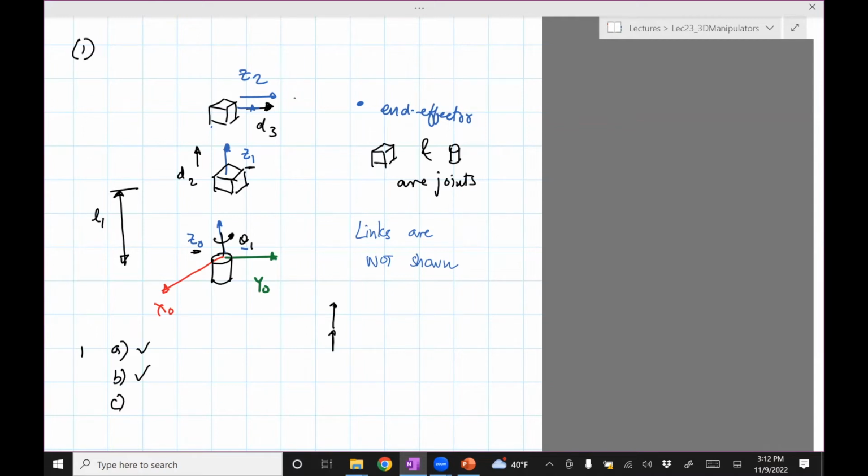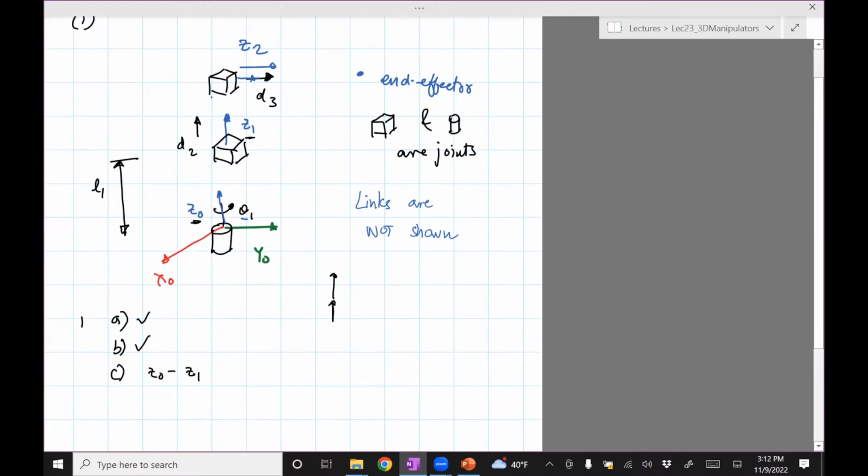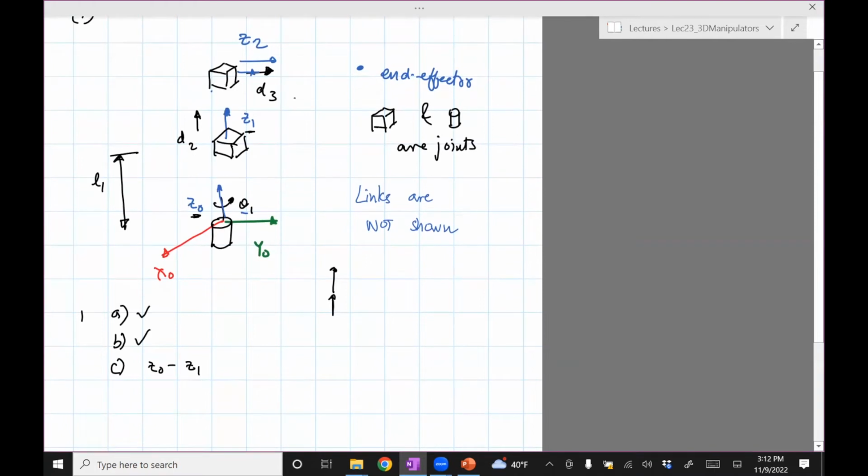If they are intersecting, then Xi is chosen to be normal to the plane formed by Zi minus 1 and Zi. So we need to choose an axis which is at right angles to Z0 and Z1.